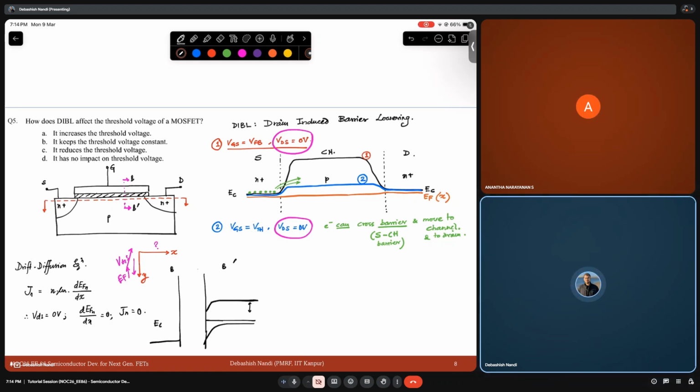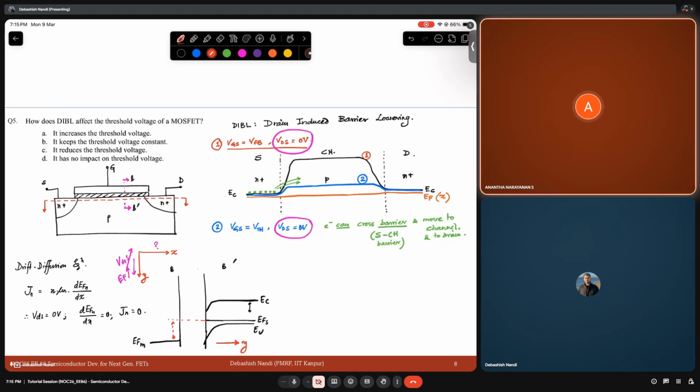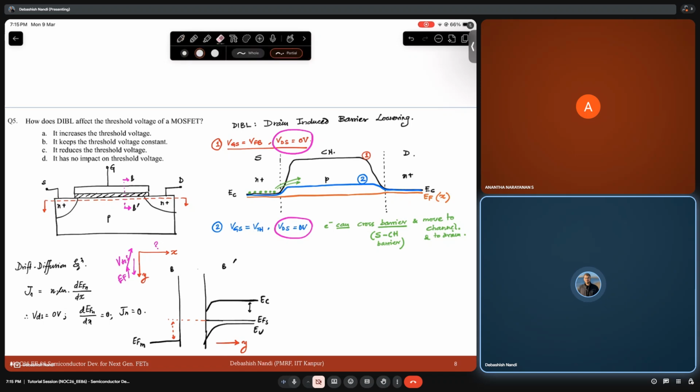So this is your EFM and this is your EFS. So in this case, it is changing because now I am drawing this in the y direction. But where I am plotting this, I am plotting this across this line.